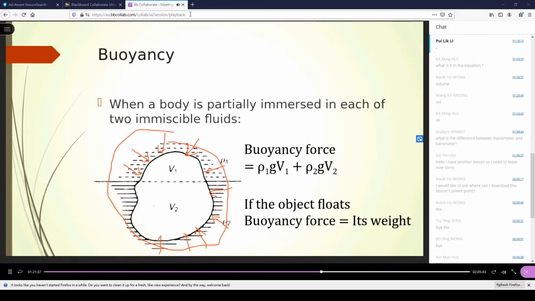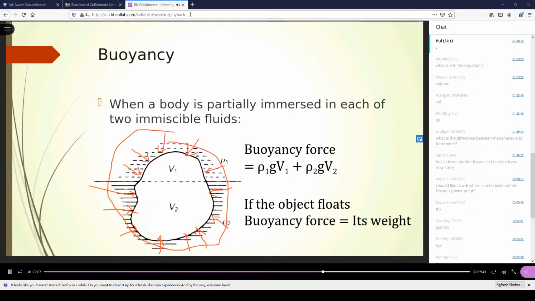So this is what happens when you imagine you are in the water. The pressure force is acting on you, so the resultant force is not zero. It depends, but the resultant force is usually not zero. How can it be zero when you look at it, especially with different fluids?